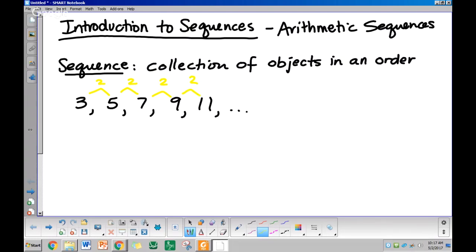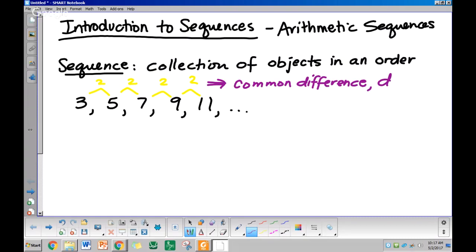We call that a common difference, which makes this sequence arithmetic. And we're going to call that common difference d.